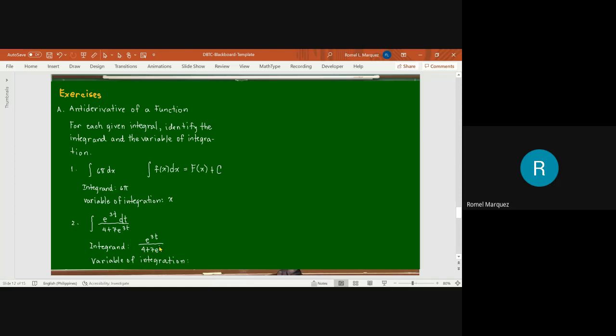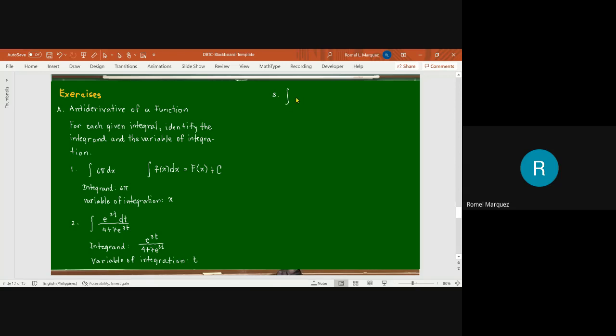Let's just have the last one. So, let's say I have the integral of ln of w plus 3 times dw over w plus 3.